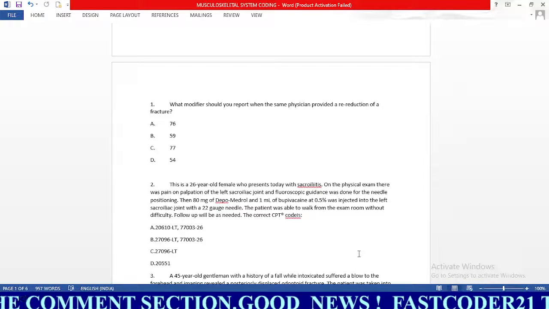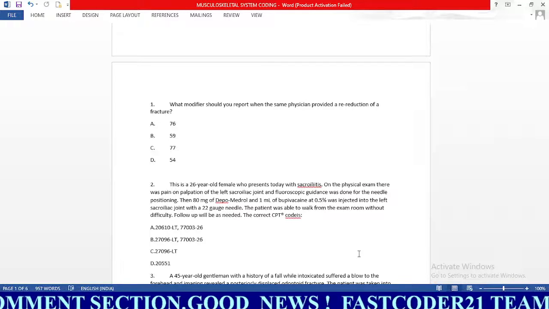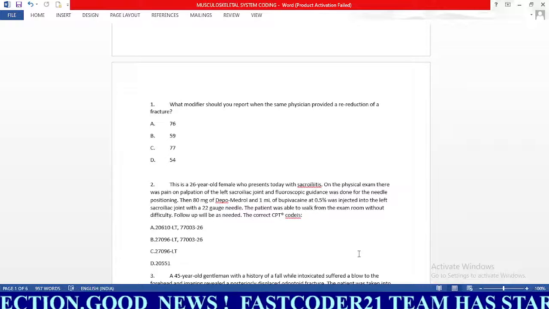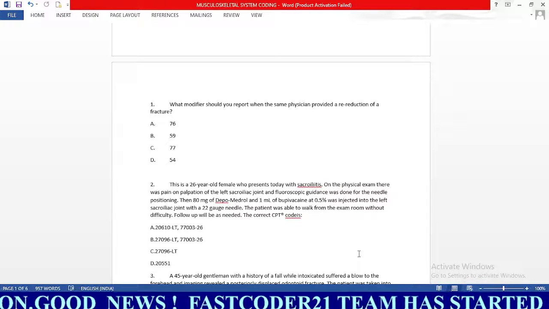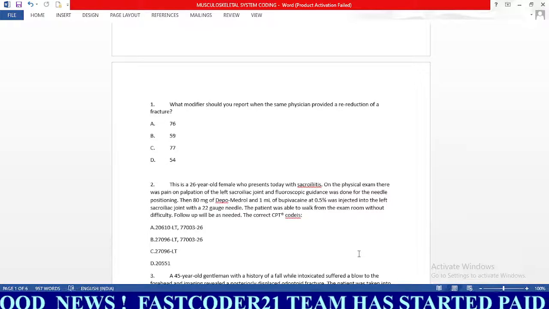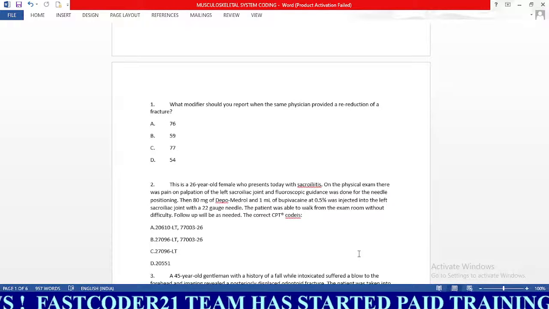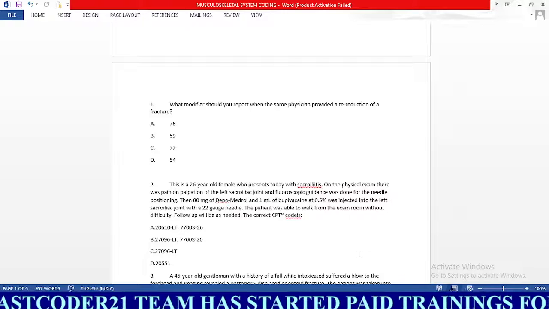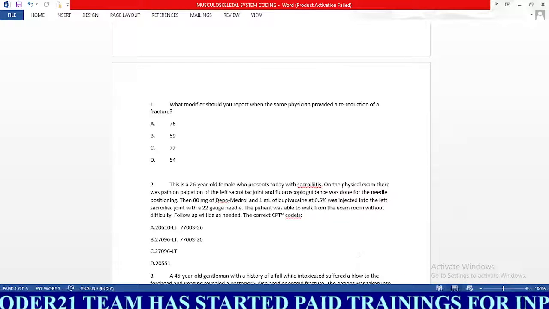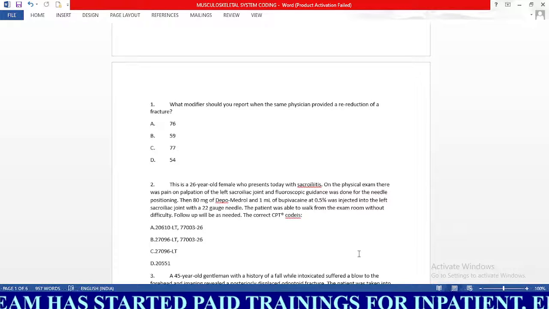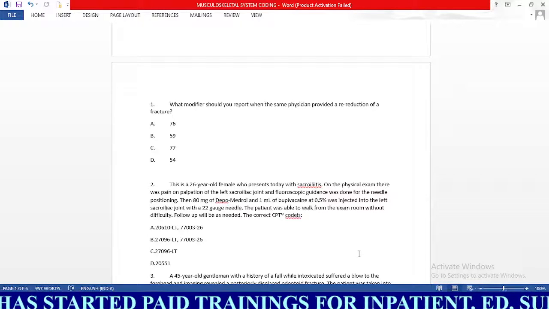So just while coding or choosing the CPT code, please check the descriptions on the selected code, like the top three codes and bottom three codes for the selected code, so that you can understand the differences between your selected code and other codes.